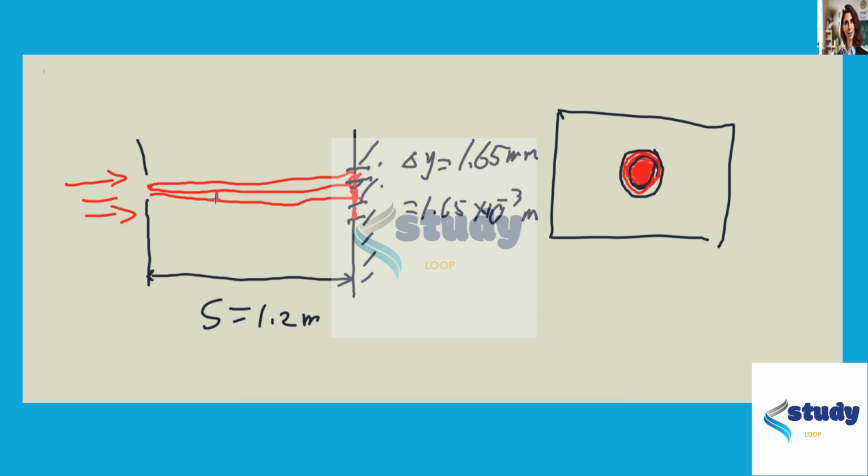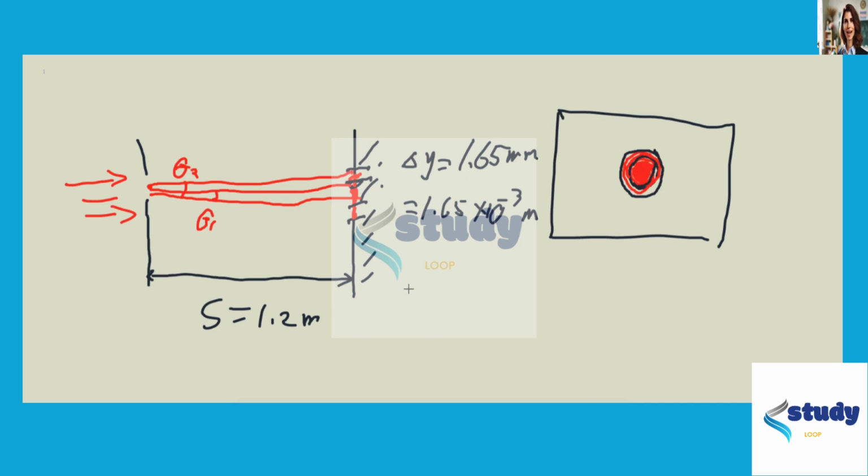The first angle, theta 1, is the angular position of the first dark ring, and theta 2 is the angular position of the second dark ring.